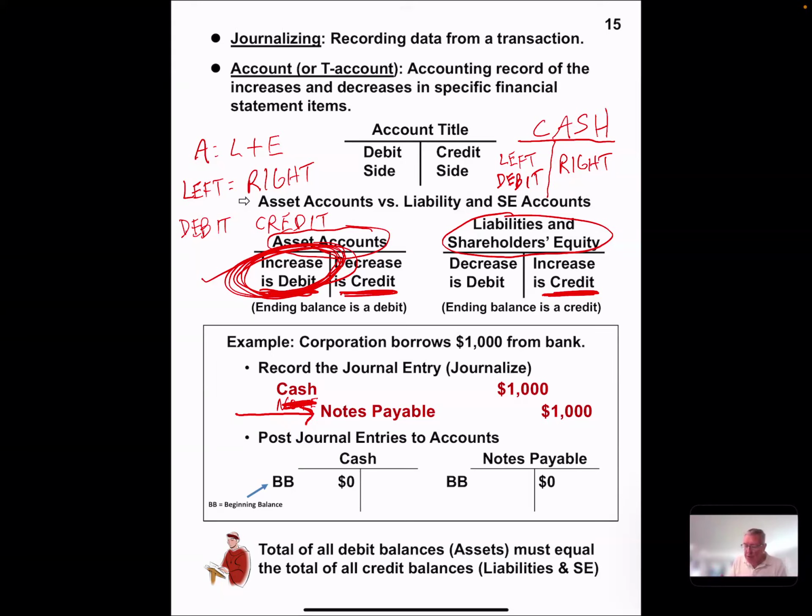And the way we would say this, we'd say debit cash $1,000, credit note payable $1,000. And note payable is the account we will use whenever we borrow cash from the bank. It creates a note payable. It's different than an account payable.